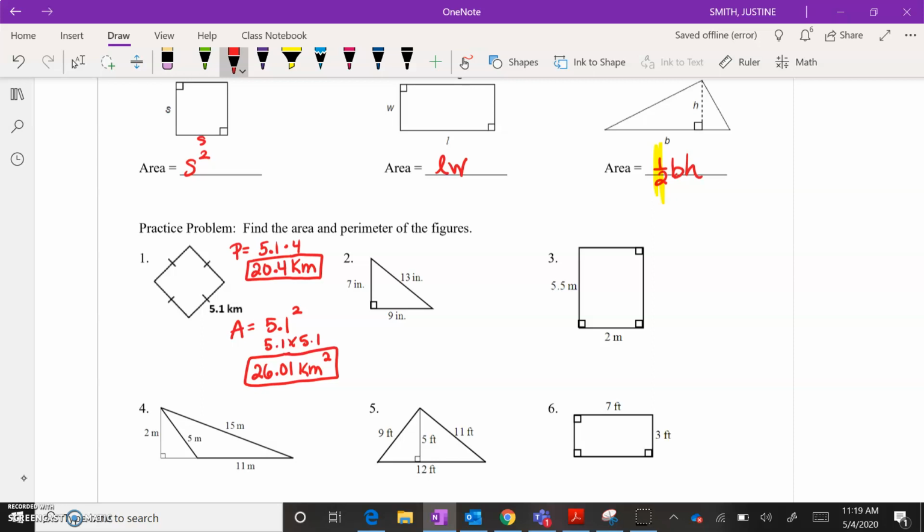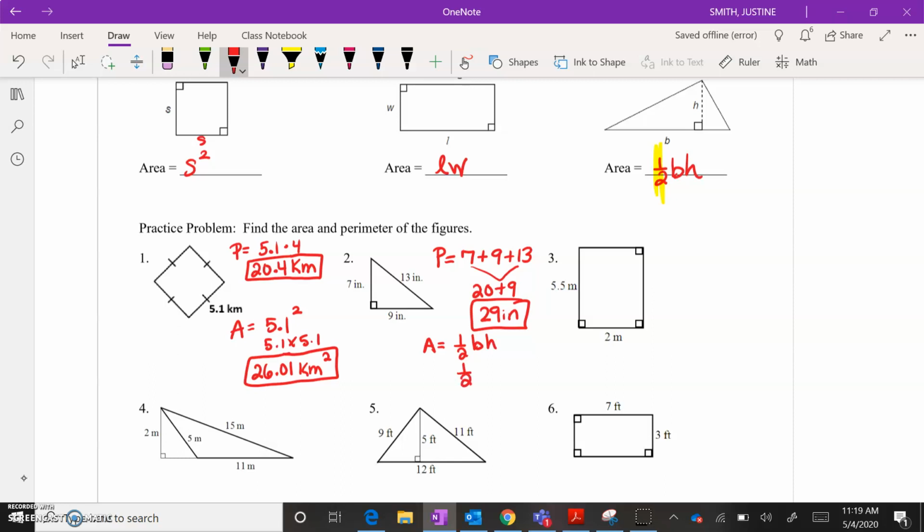For number 2, for the perimeter, we're going to add up all the sides. So we have 7 plus 9 plus 13. 7 plus 13 gives me 20, plus 9 gives me 29 inches for the perimeter. Then for the area, we're going to do our formula, 1/2 base times height.